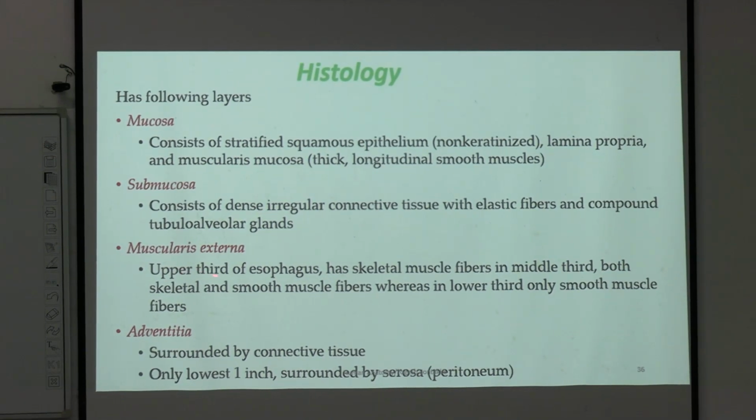Muscularis externa: the upper third of the esophagus has skeletal muscle fibers, the middle third both skeletal and smooth muscle fibers, whereas the lower third only smooth muscle.